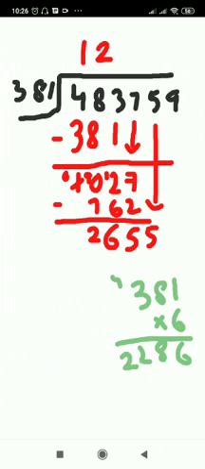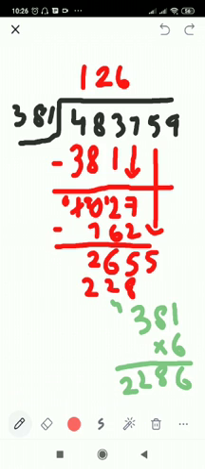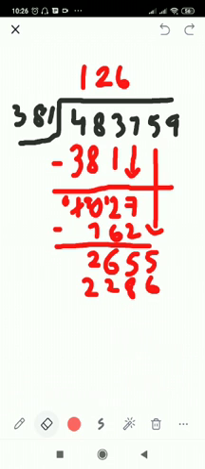Okay, we will do 381 6 times, 2286. So 5 minus 6 cannot be done. We are going to borrow from the previous 5. It will become 15 minus 6 is 9, and this will become 4. So 4 minus 8 cannot be done.